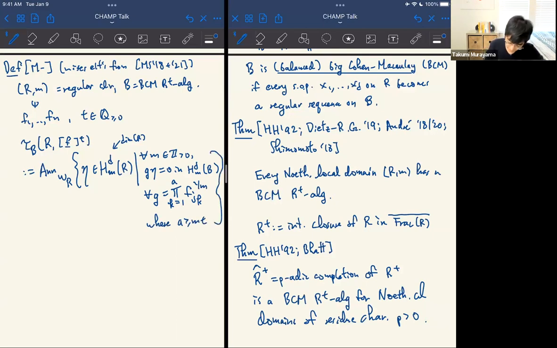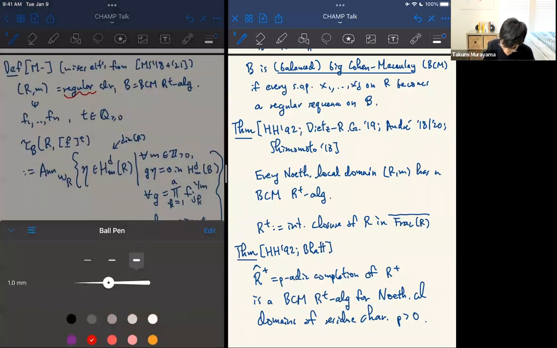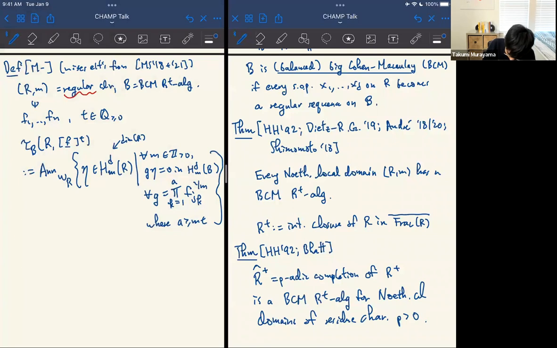All right. And so for the experts, I guess I'll say that you don't need regular here. So you could weaken this to normal, and then as long as you put in some divisor Delta, you can make sure that K_R plus Delta is Q-Cartier. But in any case, this is what it is for a regular ring. Compared to the Schwede definition, there are some differences, however.